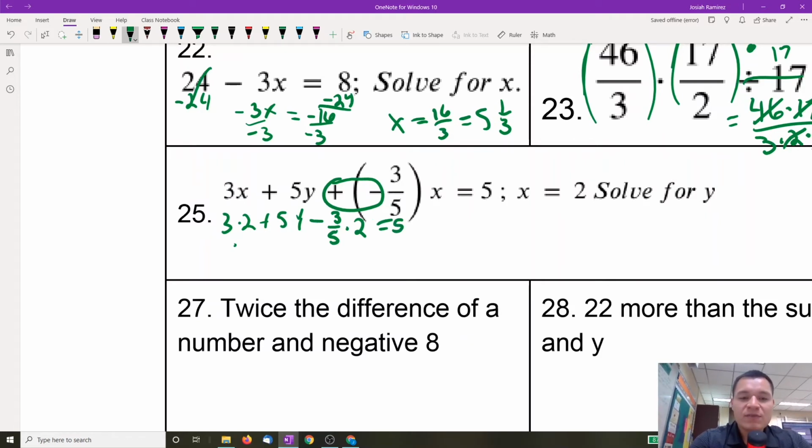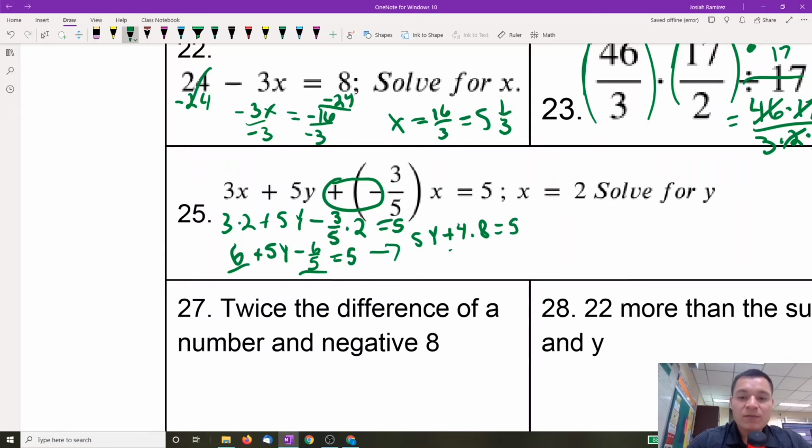So let's just simplify. 6 plus 5y minus 6/5 equals 5. We already know 6 minus 6/5 is 4.8. 5y plus 4.8 equals 5.